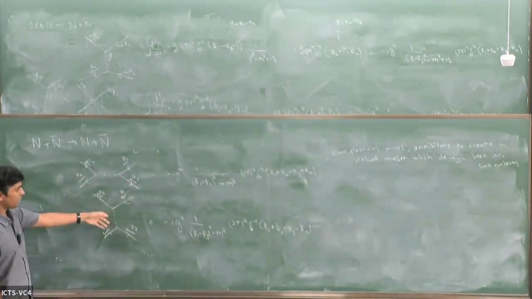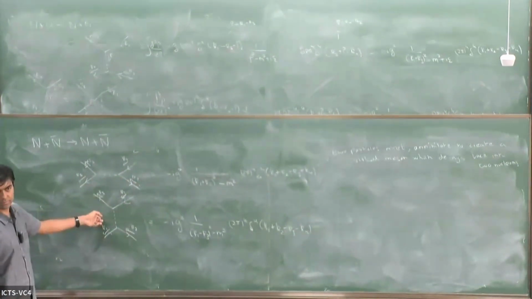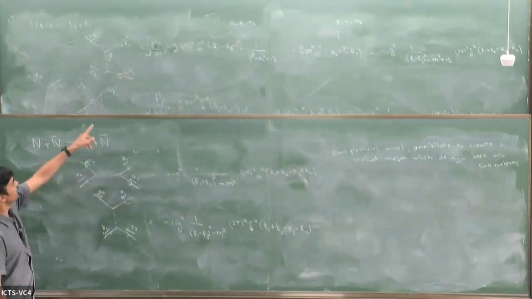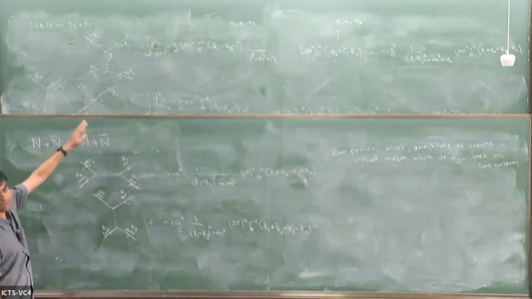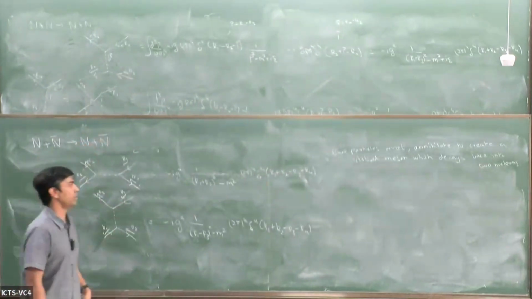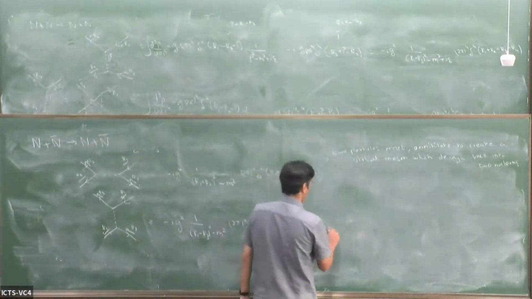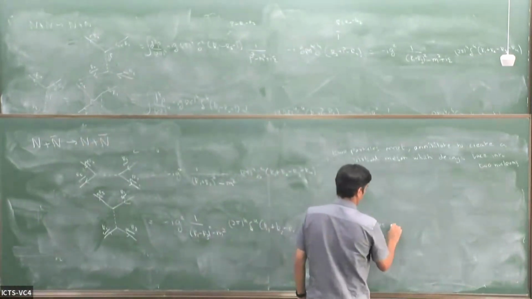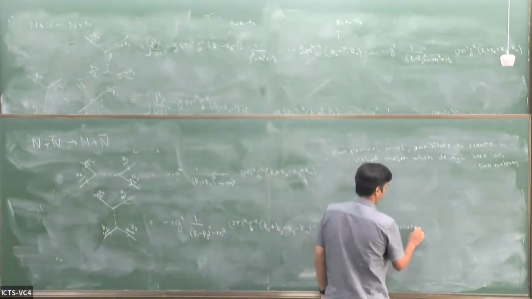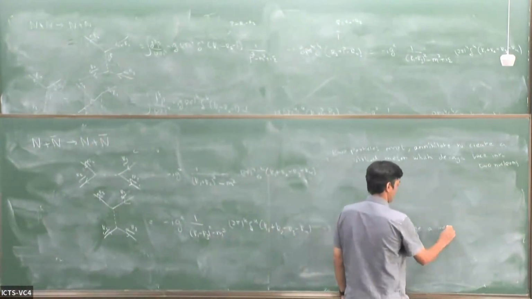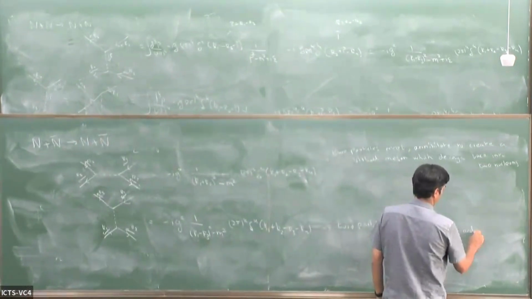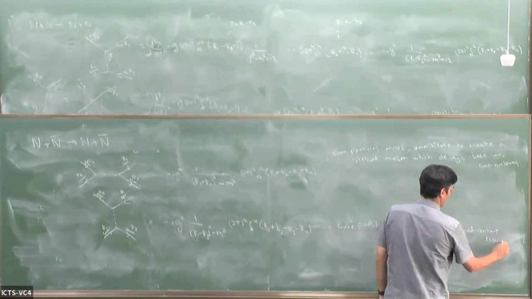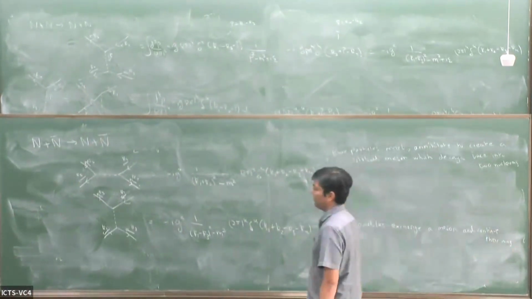Okay. What about the story that goes along with this? The story that goes along with this is different from the story that goes along with the previous one. In that case, the story that went along with both diagrams was the same. In this case, the story is two particles exchange a meson and continue their way.